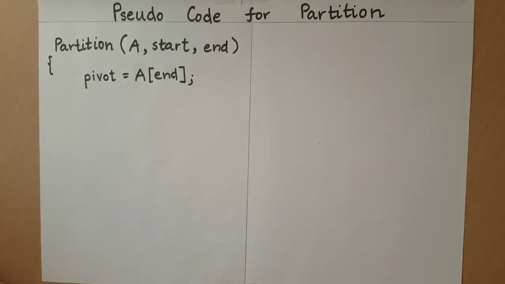Next, we must have a variable called pi which stores a potential pivot index. In the beginning, we will say that this potential index is the start index.